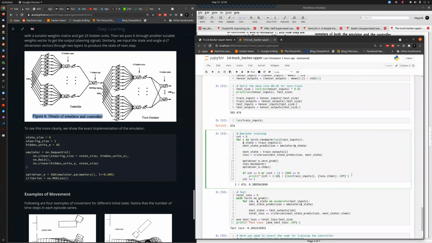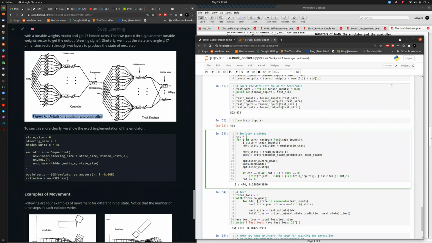So once the new angle is obtained, all the emulator has to do is output the new state based on the current state and the angle. Now, according to him, the emulator is frozen in the sense that it's trained just on the MSE, and given an angle and a current state, it just outputs the next state.